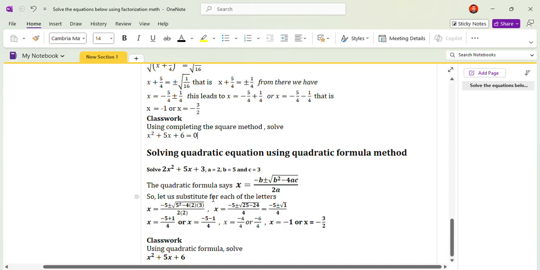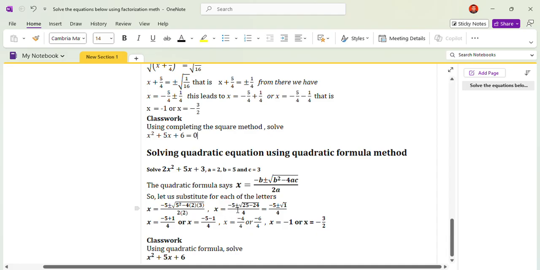Now, let us substitute for each of the letters. In our equation here, our a equals 2, our b equals 5, our c equals 3. So minus b, that will be minus 5, plus or minus square root of b squared, that will be 5 squared, minus 4 times a, which is 2, times c, which is 3, everything over 2a, which is 2 times 2.